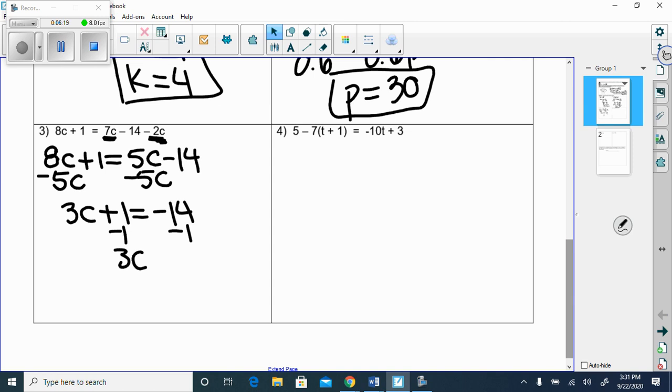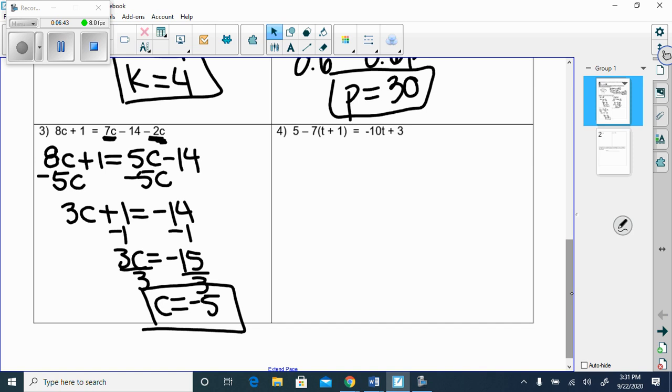So 3c equals negative 15. Those are all negatives. Okay? Then we divide, and we do end up with c equals negative 5. Alright?